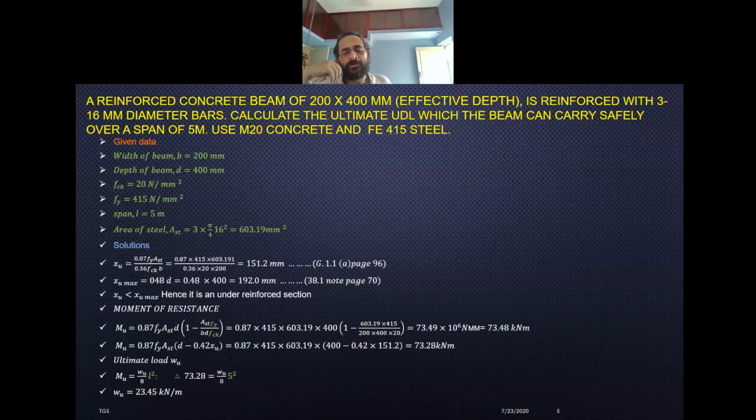The depth is 400 millimeters effective and is reinforced with 3 numbers 16 mm diameter bars. Calculate the ultimate UDL, ultimate load, which the beam can carry safely over a span of 5 meters. Use M20 concrete and Fe 450 steel.